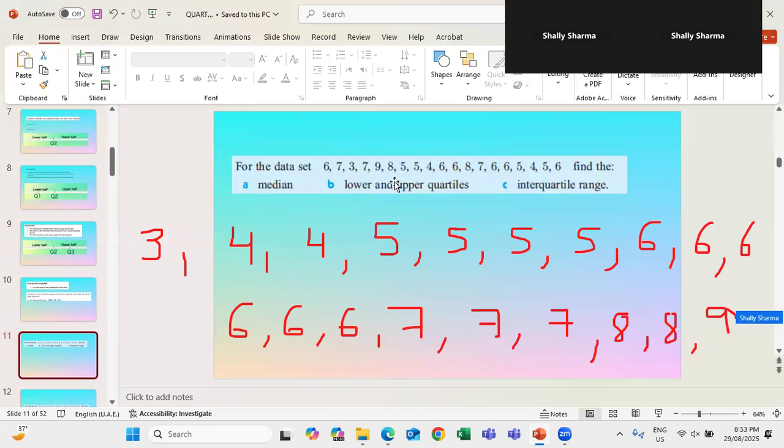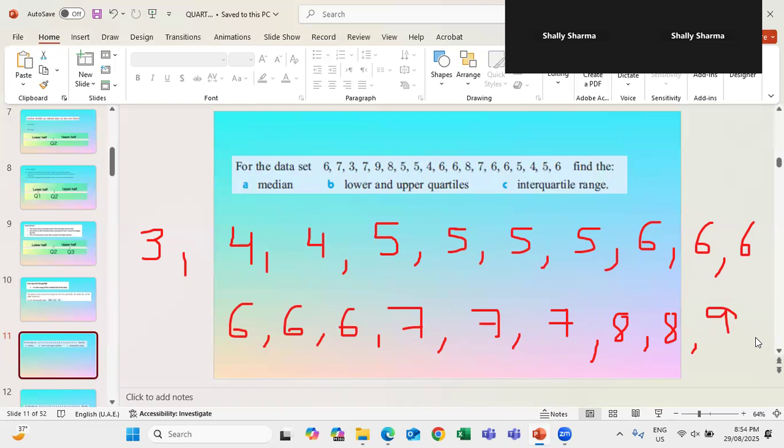So let me count how many values are here in total: 1, 2, 3, up to 19. And in the original data, 1, 2, 3, up to 19. So that means I have counted and written them perfectly correct.